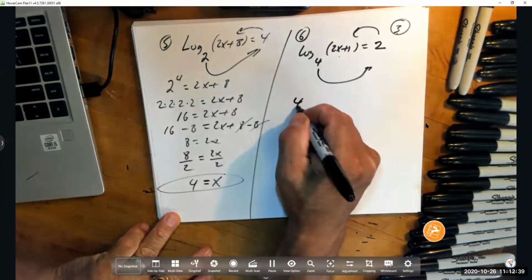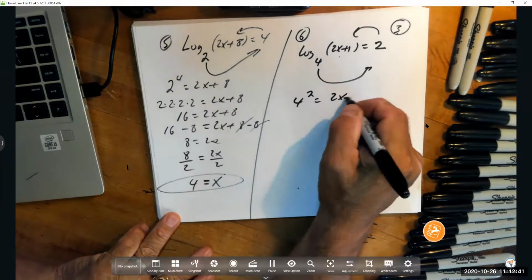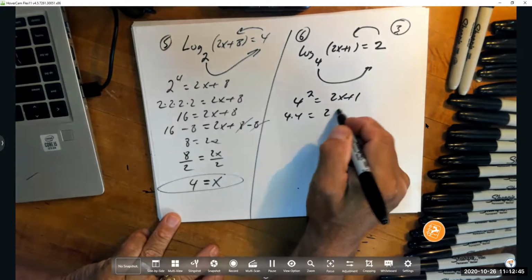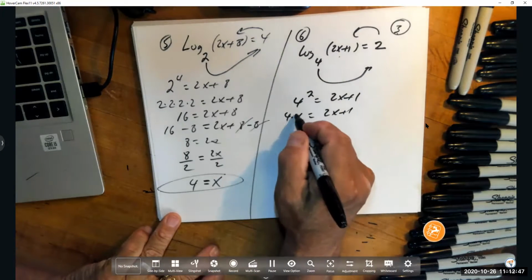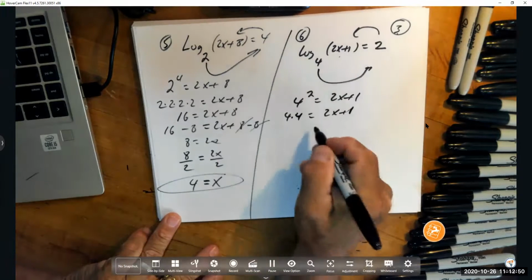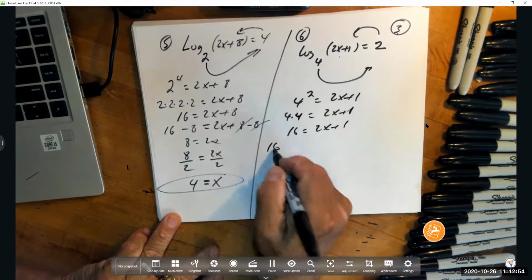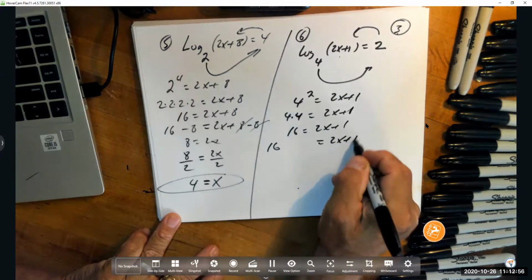So 4 to the 2 power is 2x plus 1. So 4 times 4, I don't know what that is. You tell me. What's 4 times 4? 16. So now, from both sides, subtract one number.